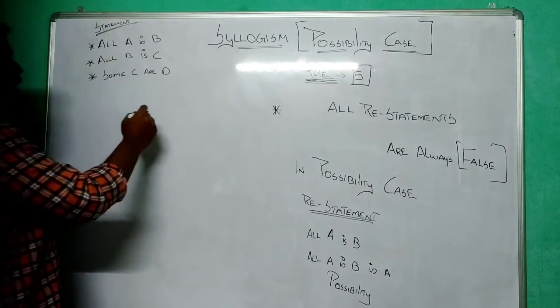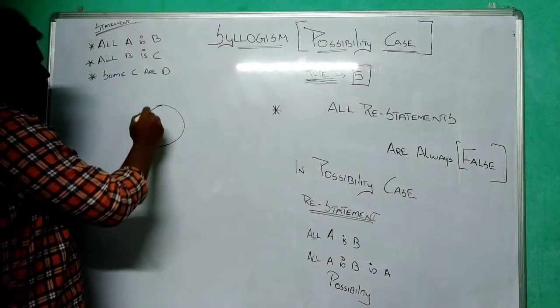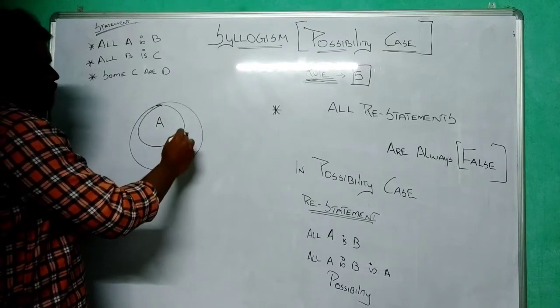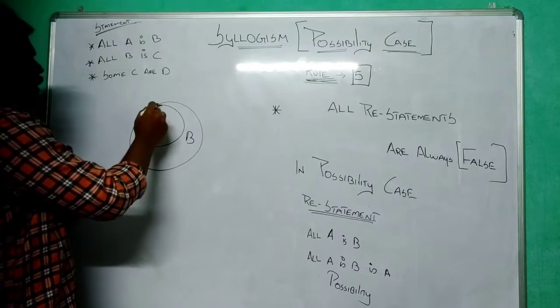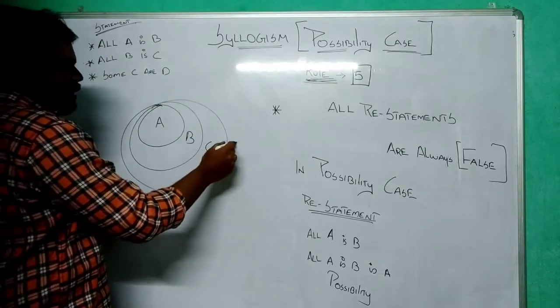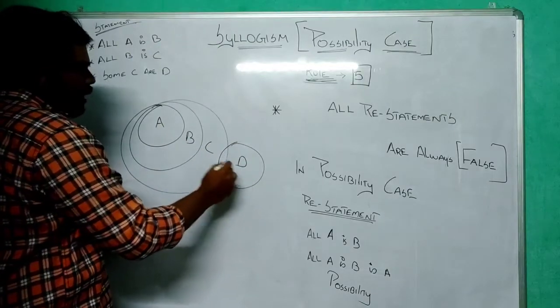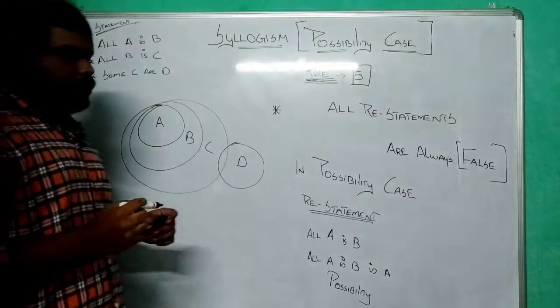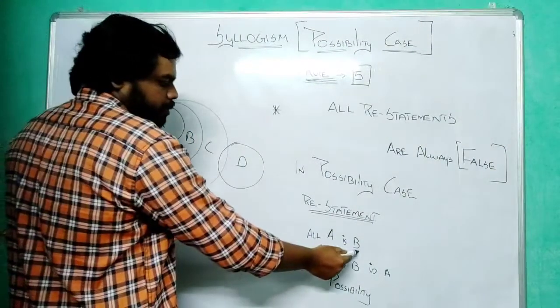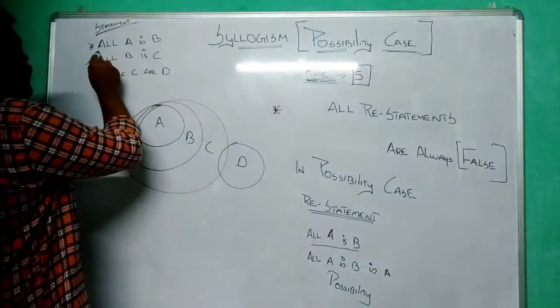The statement says that all A is B, and all B is C, and some C is D, right? A restatement is when you see the same statement in the conclusion as well as in the statement.